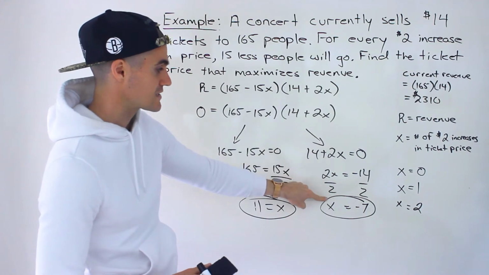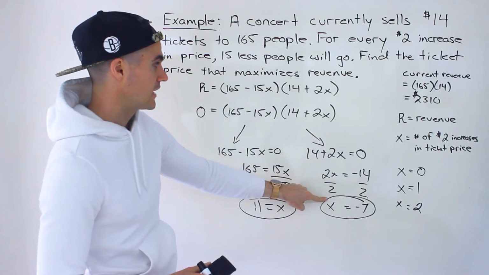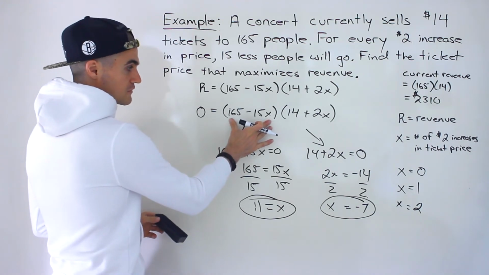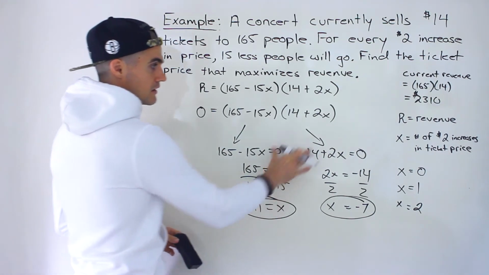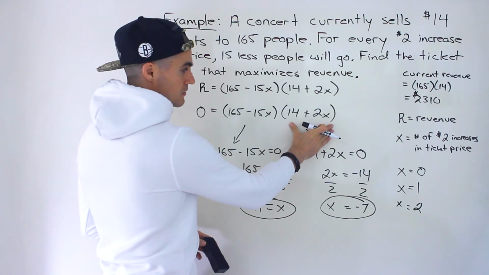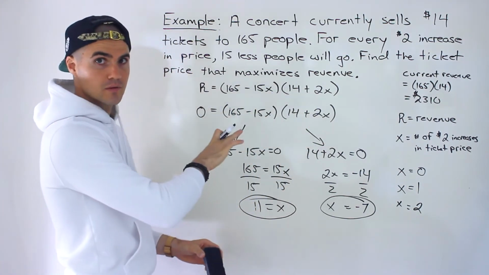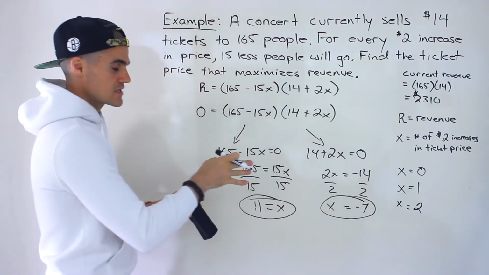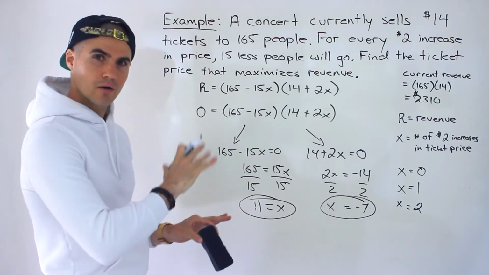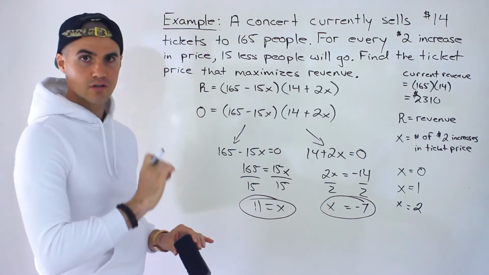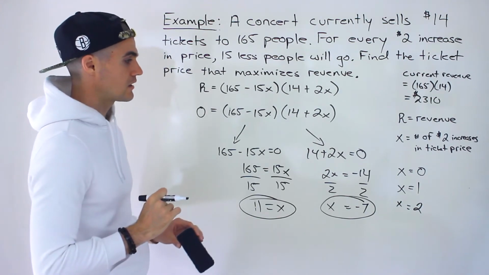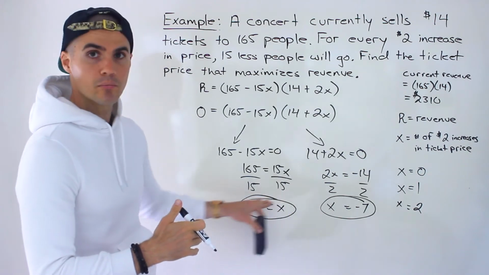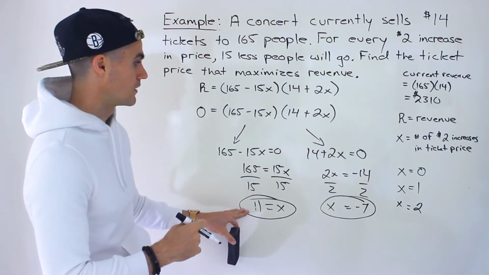So at this x value of -7, instead of the quantity of people or the quantity of tickets being 0 like it was here, now the ticket price is going to be 0, which would make the revenue equal to 0. Right? So both of these x values represent different scenarios, and we went over those scenarios in the previous video in a little bit more detail as well. But hopefully at this point you're comfortable understanding what both of these mean over here.